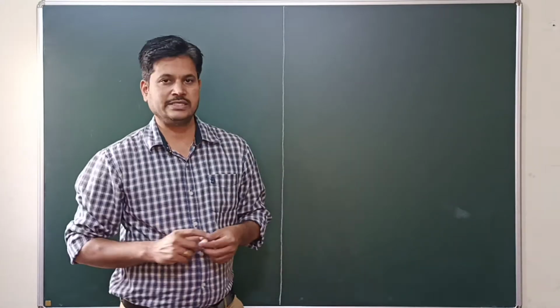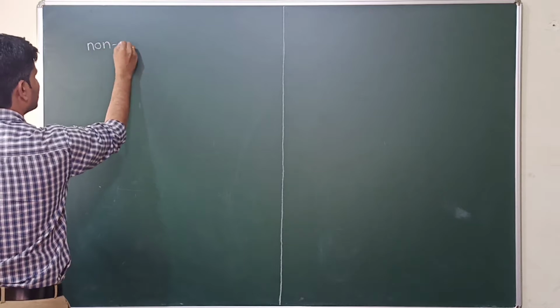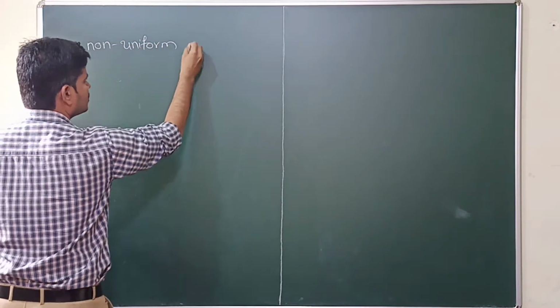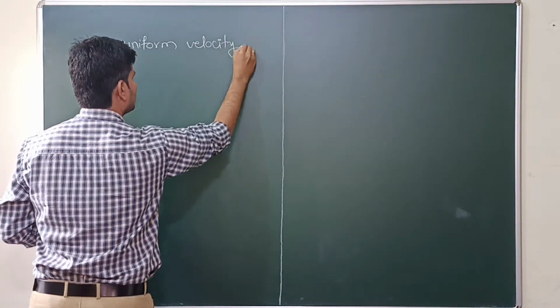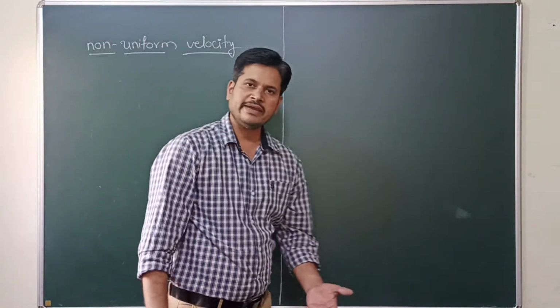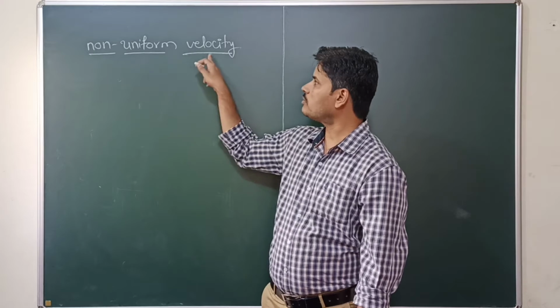non-uniform velocity. When can we say that the object has non-uniform velocity?